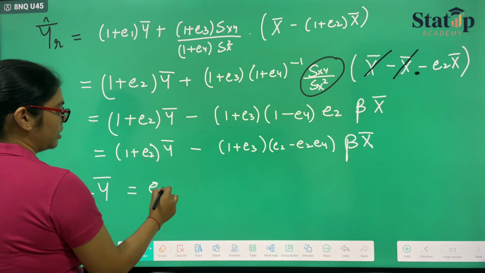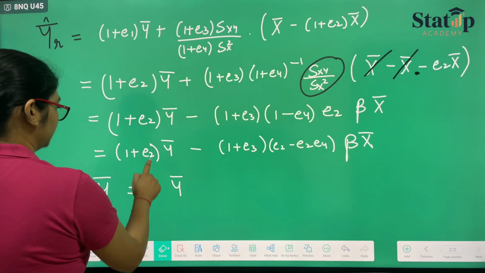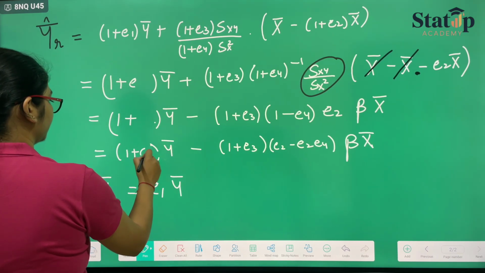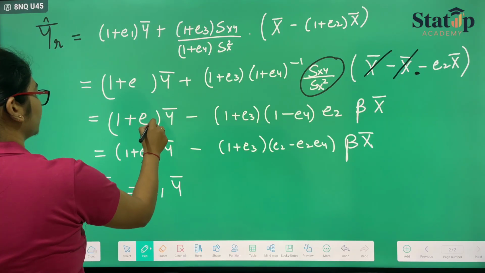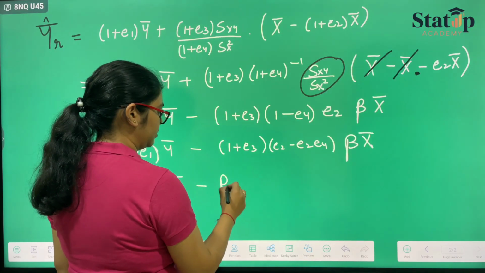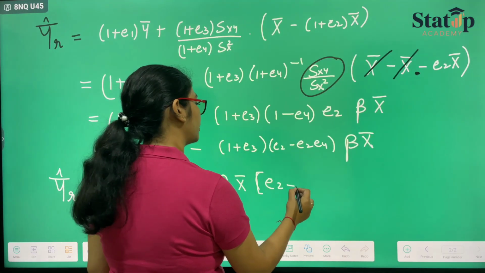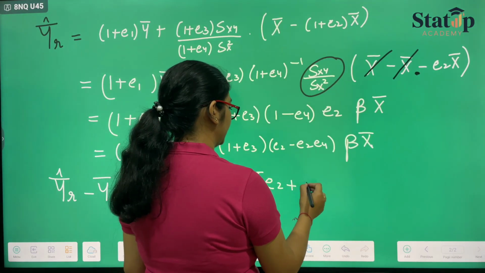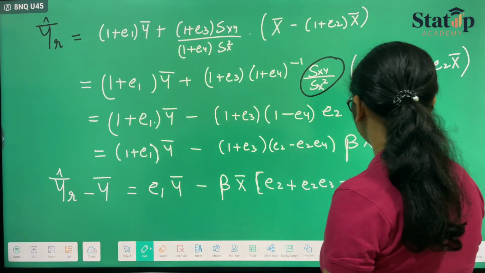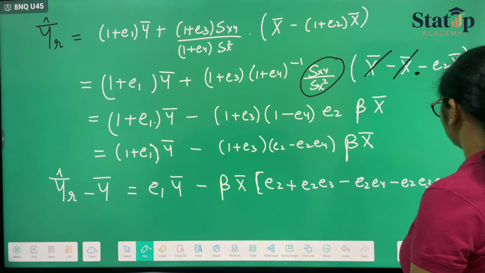Here we can write the regression estimator minus capital Y bar as e1 Y bar minus beta X bar into this will be e2 plus e2 e3 minus e2 e4 minus e2 e3 e4.